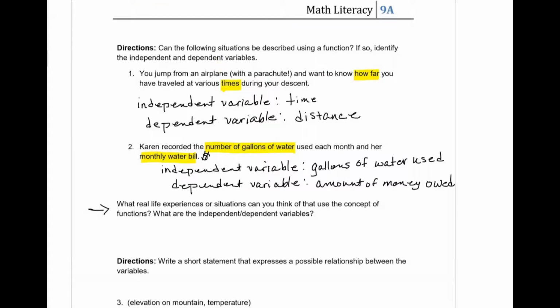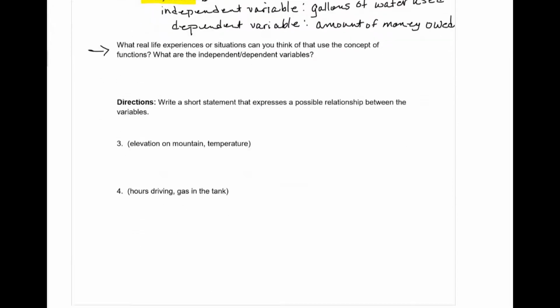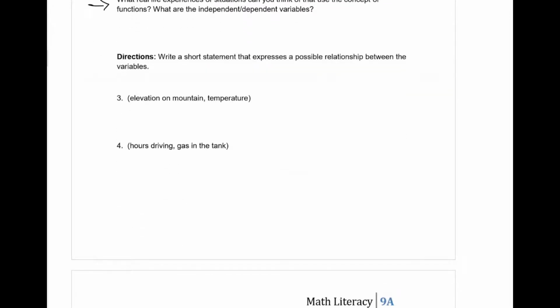Okay, the directions for my next set of problems says to write a short statement that expresses a possible relationship between the two variables. We're going to be looking at these two variables, in this case, elevation on a mountain and temperature. The first value here is always your independent variable, and the second value is always your dependent variable.